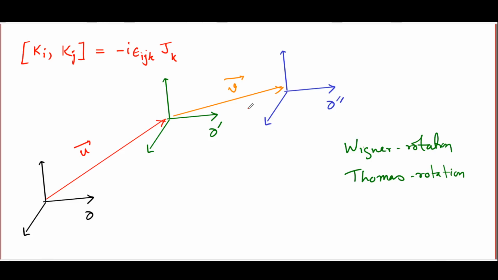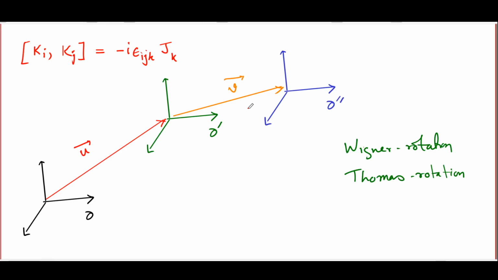And as a consequence, the result of two boosts in two non-collinear directions happens to be not just a boost. Two boosts in the same direction give you a boost. That's something which you are familiar with, and that gives rise to the familiar velocity addition formula.